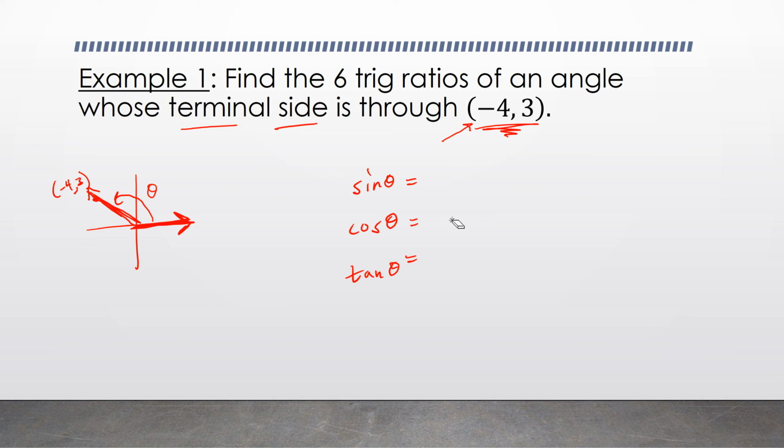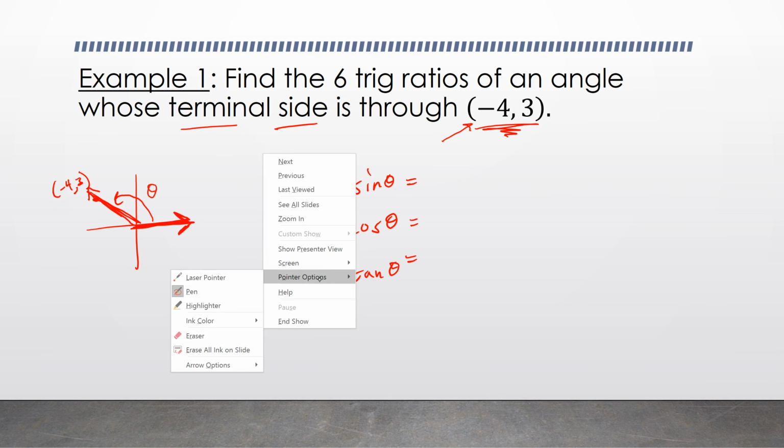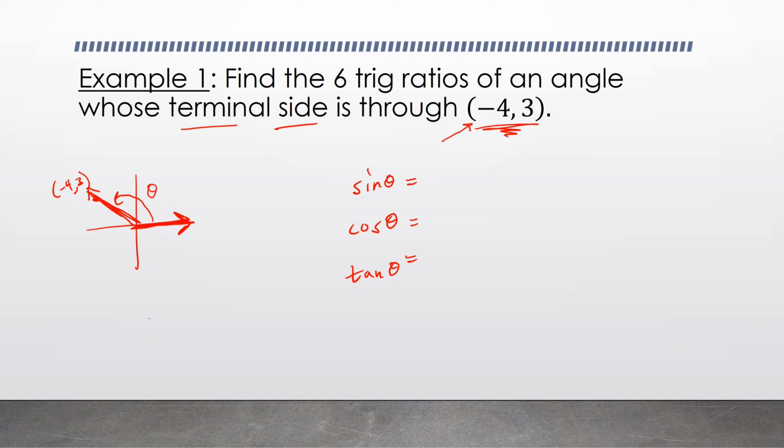So here's what mathematicians came up with. This is how we interpret it. They said, let's put what we call a reference triangle, and let me just change my color here. We're going to put a reference triangle whose angle is like an angle of elevation or angle of depression and is a right triangle. So let me draw it for you and you'll see what I mean. Here is our reference triangle, okay?